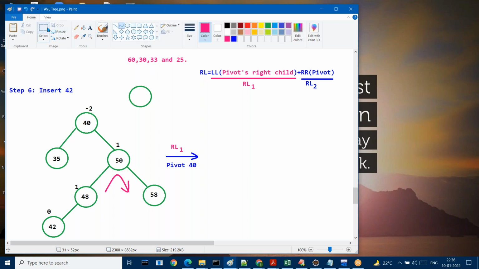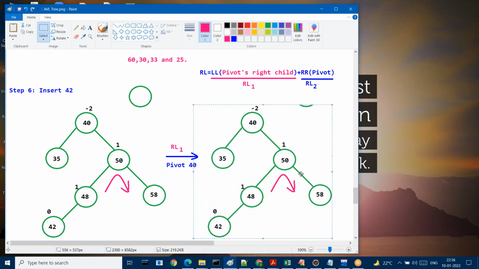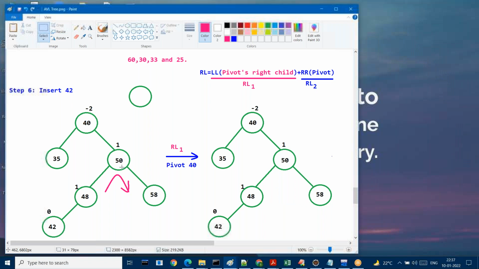See, students, this portion of the tree will be as it is, no change. So what I'm doing here, I'm just copying this tree. Okay, now I will make the changes. Tell me, if I rotate it like this, who will take the place of 50? 48.